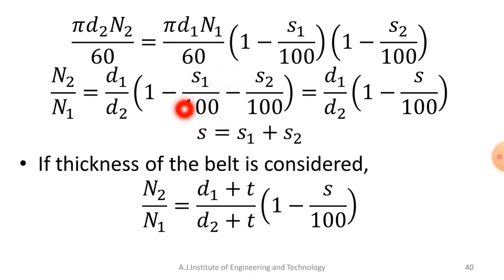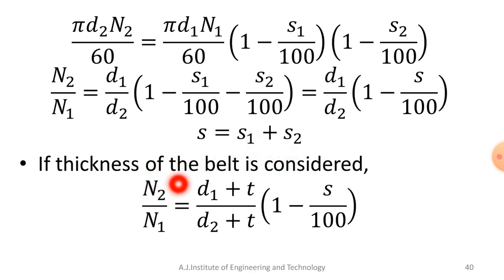So you will get d1 divided by d2 into (1 minus S divided by 100). We represent both slips together, where S is nothing but S1 plus S2.